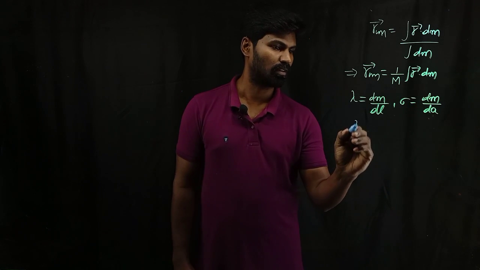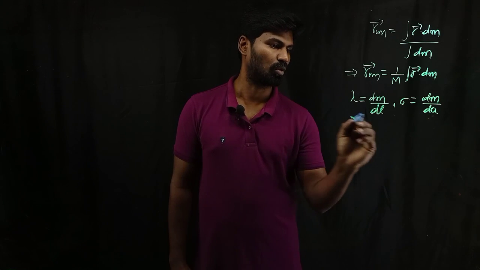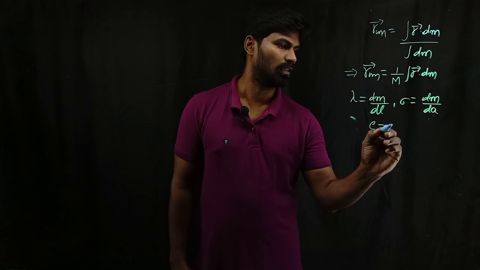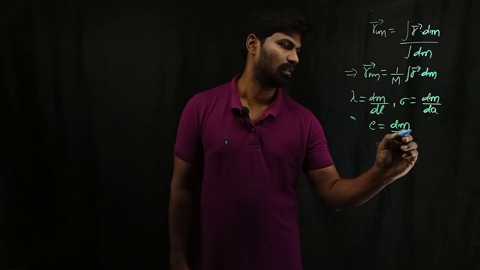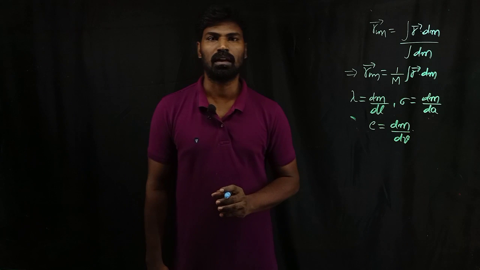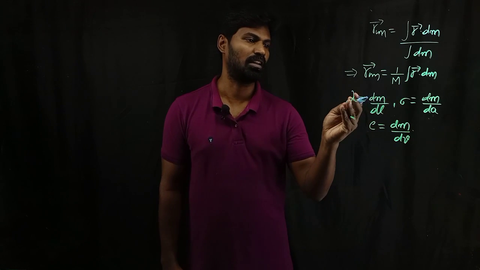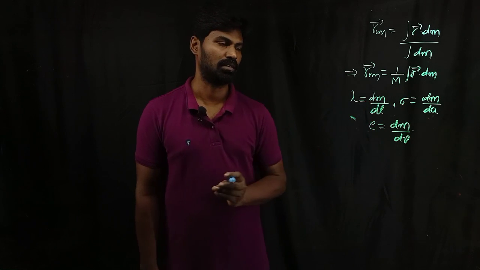And for a three-dimensional body, I am defining one parameter which is called rho, dm divided by dV. So depending on the configuration that is given, one dimension, two dimension, or three dimension, we will use these parameters.